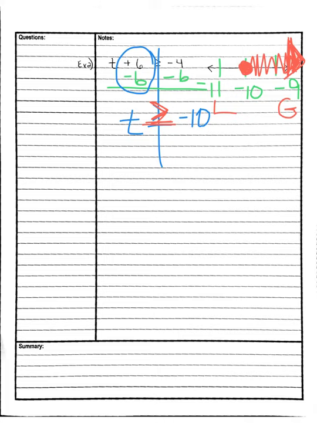So the last thing, we could summarize this, okay? The essential question was, how do I add and subtract to solve inequalities? Okay, talk to me about if you think they're the same or different in regards to solving equations.